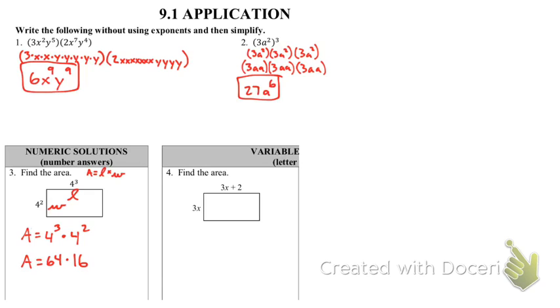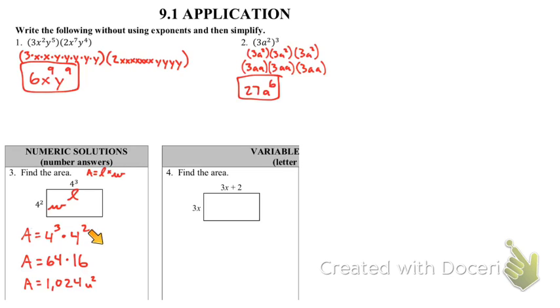Remember, exponents come before we multiply, so 4 to the 3rd gives me 64, 4 to the 2nd gives me 16, and now we're going to multiply these together. Since we're dealing with area, you always put it in units squared. We don't know the units, so that's why I'm just putting units squared.